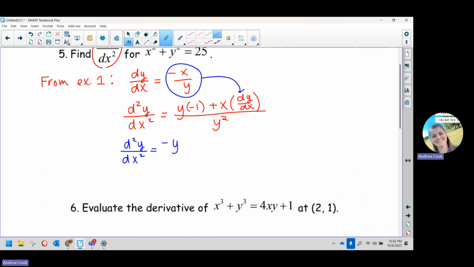So when we find the derivative of y, the derivative of y is 1, but then you have to chain on the derivative of y, which is dy over dx. So if it was 2y, it would be 2 times dy over dx. Yep.